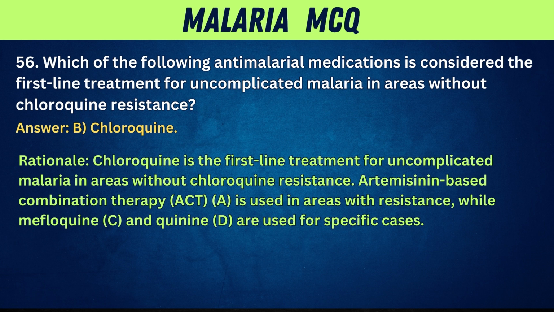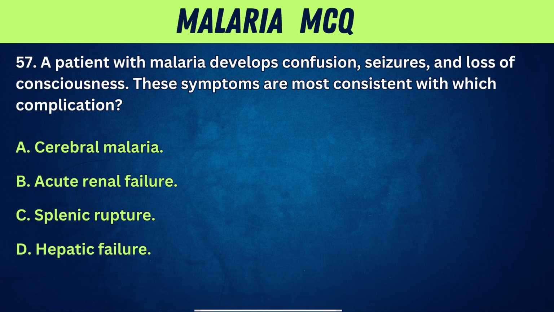Rationale: Chloroquine is the first-line treatment for uncomplicated malaria in areas without chloroquine resistance. Artemisinin-based combination therapy, ACT, A, is used in areas with resistance, while mefloquine, C, and quinine, D, are used for specific cases.